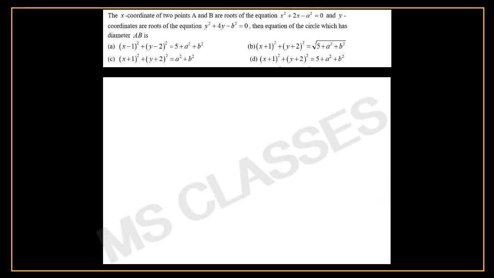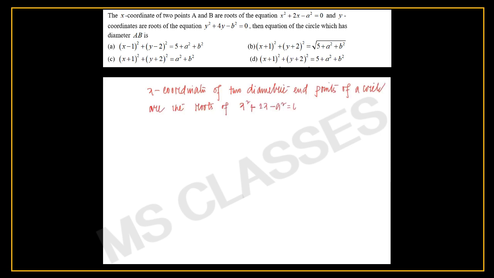Now we will take the first question, where it is given that abscissa, that is x coordinates, of two diametric endpoints of a circle are the roots of quadratic equation x square plus 2x minus a square equal to 0.